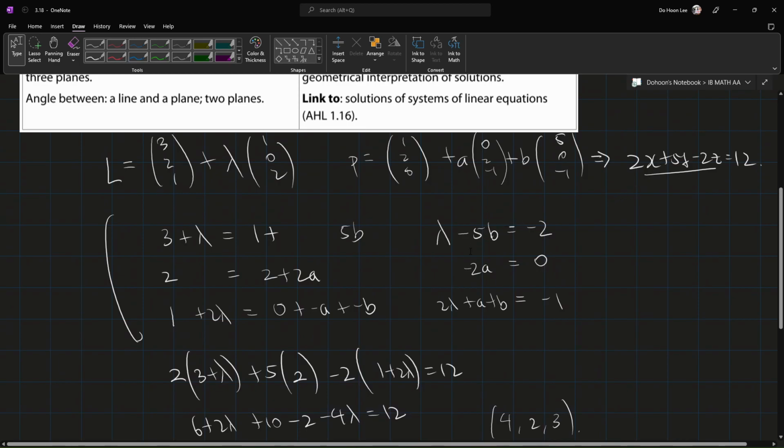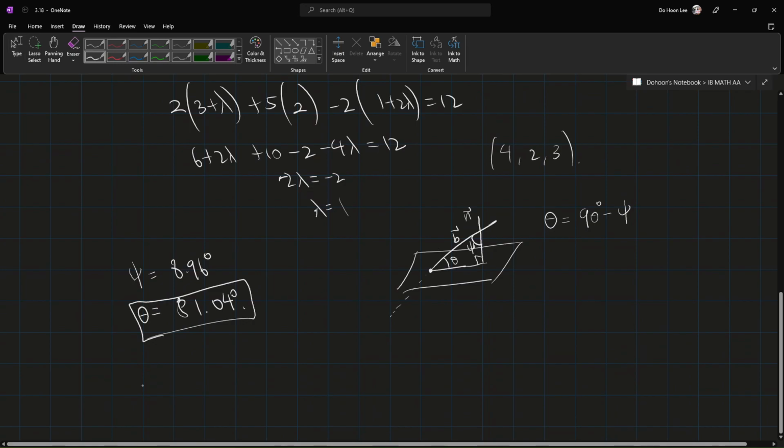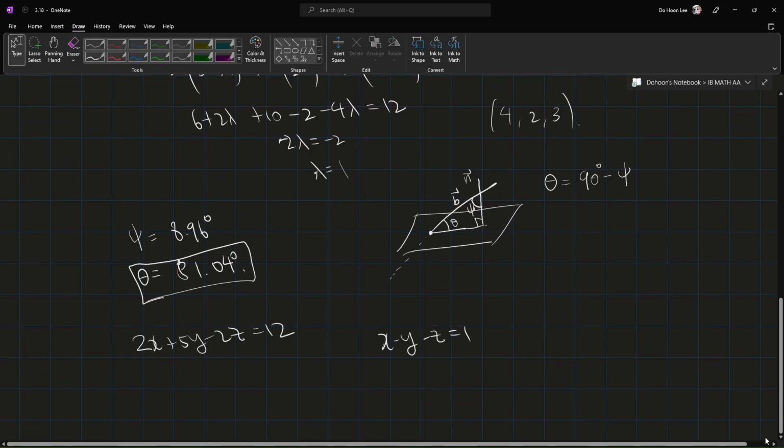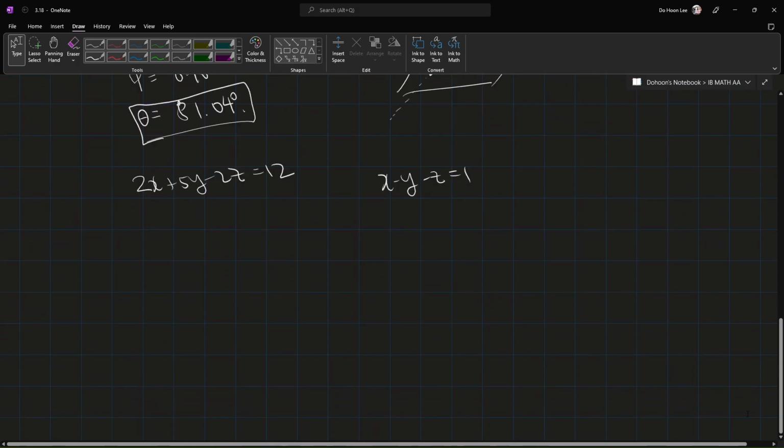To try this example, let's use the plane equation from above: 2x plus 5y minus 2z equals 12. And let's introduce another plane: x minus y minus z equals 1. If I visualize the two planes intersecting, it's probably going to be something like that, and you can see how there must be a line of intersection through these two planes.